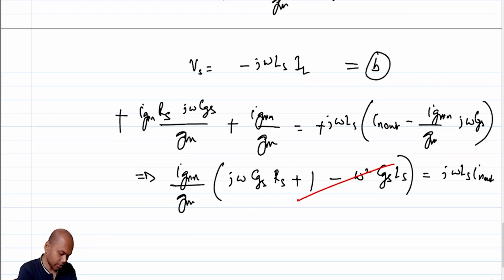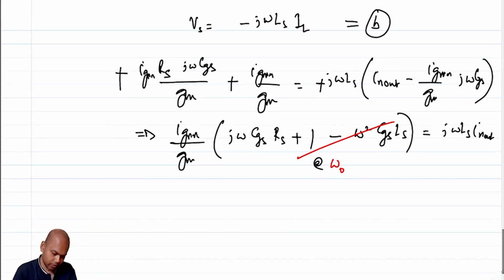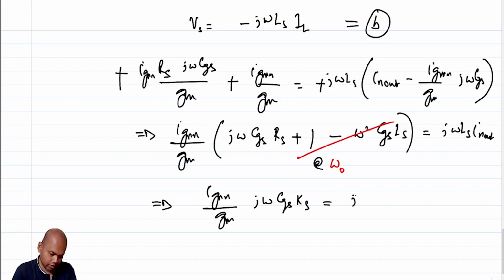So at resonance, this goes 0. Okay, which means that I get IGMN by GM times J omega CGS RS is J omega LS IN out. So this also goes off.